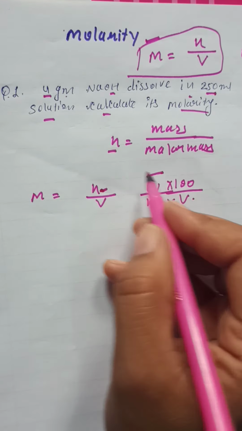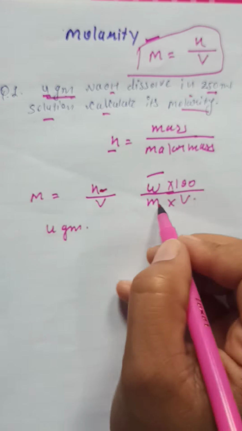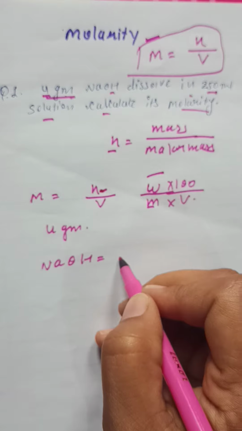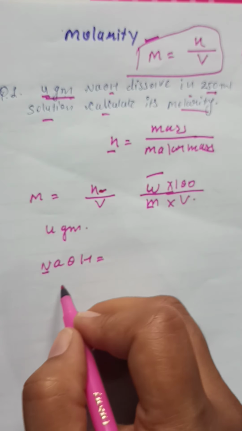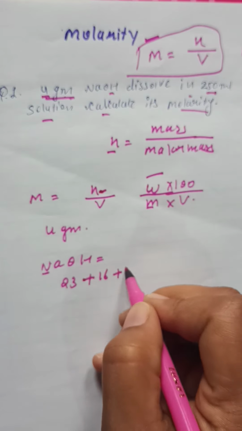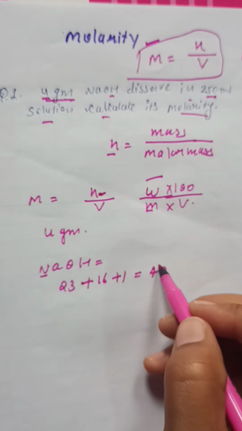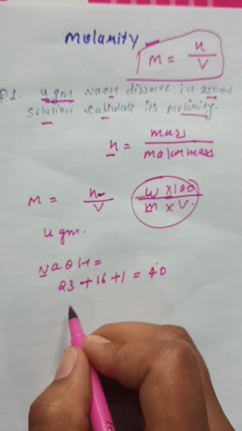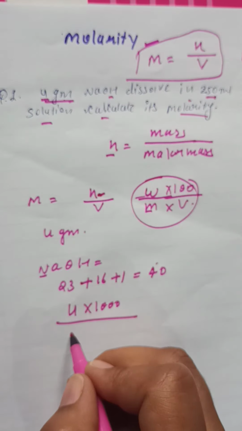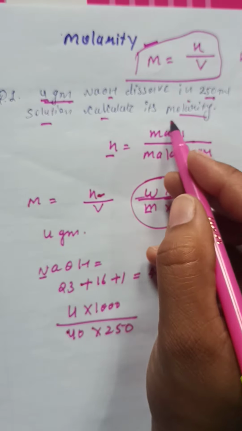Given mass, how much mass is given for NaOH? 4 gram. And how can we calculate the molar mass of NaOH? Sodium 23 plus oxygen 16 plus 1, so when we calculate it, it is 40. Let's put the values in this formula: 4 into 1000 upon molar mass 40 and volume given is 250.